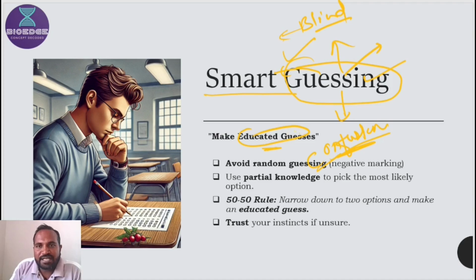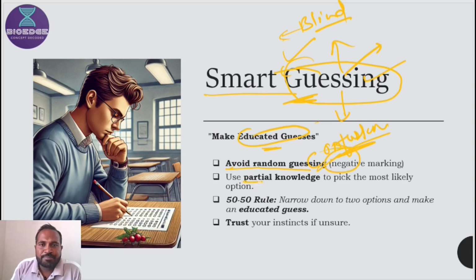One of the techniques is smart guessing. So how do we do smart guessing, let's see here. What is the benefit of smart, educated guessing? Educated guessing can avoid random guessing. Random, blind guessing should be avoided because it harms your logical thinking as well as decreases your score, because there is negative marking.